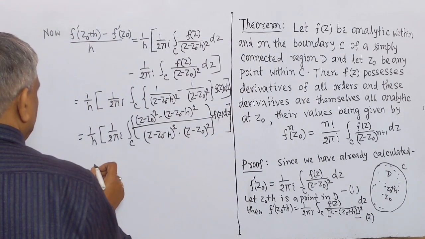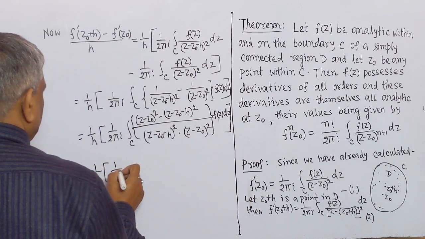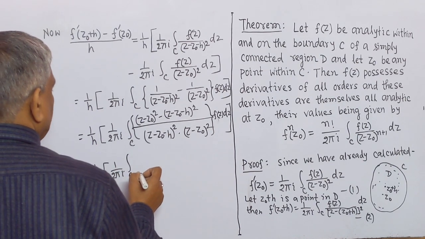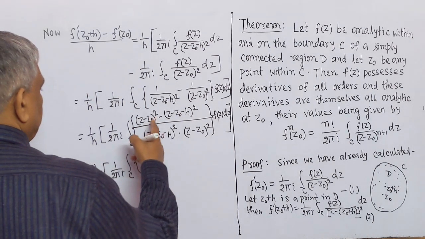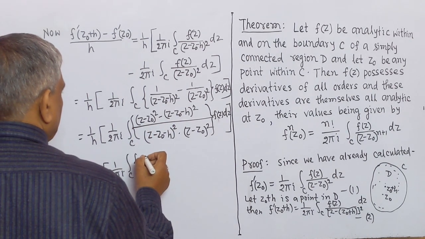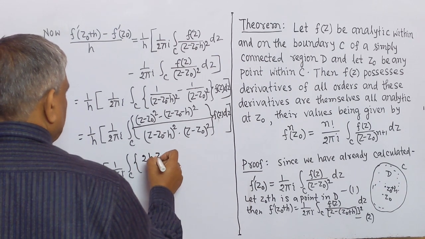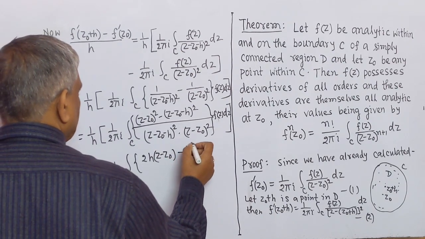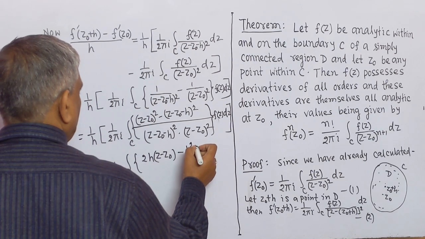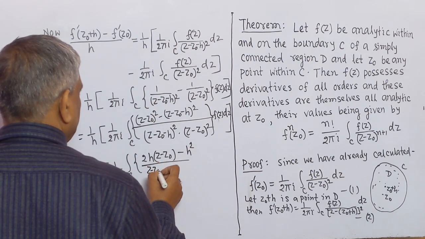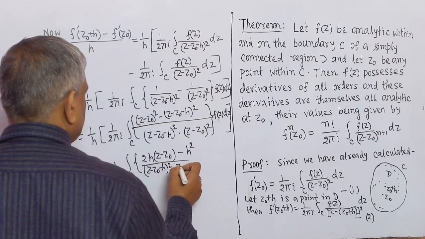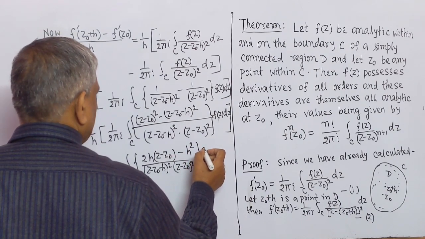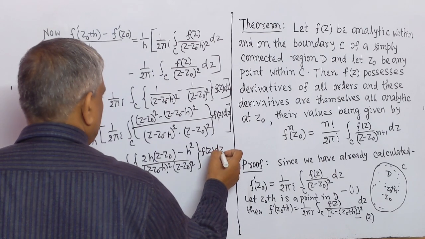This equals 1 by h, 1 by 2 pi i, integration along the curve C. Here we get 2h(z minus z naught) minus h square by (z minus z naught minus h) whole square (z minus z naught) whole square, f(z) dz.